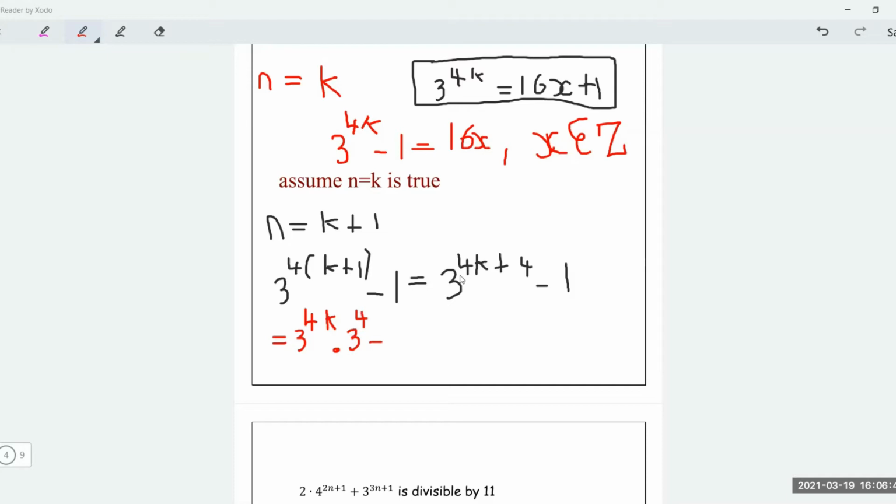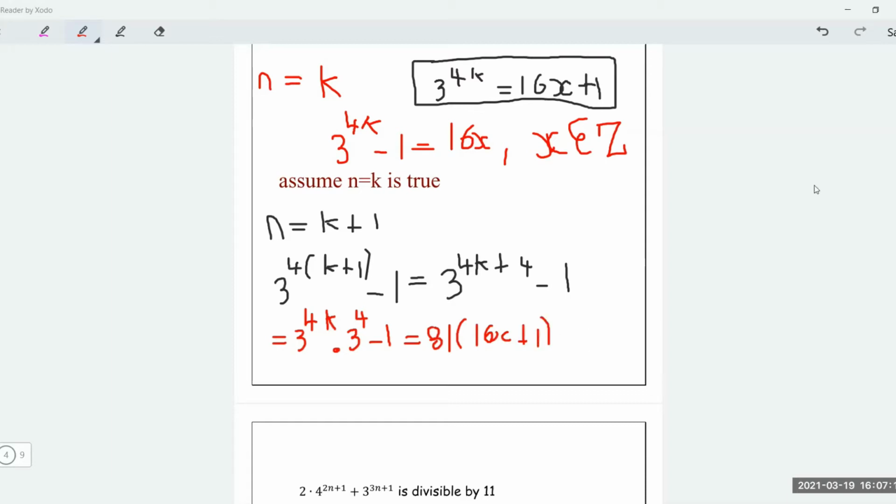But then what is 3 to the 4? 3 to the 4 is 81. And we said that 3 to the 4k is 16x plus 1. So in brackets, 16x plus 1, and then we subtract 1.